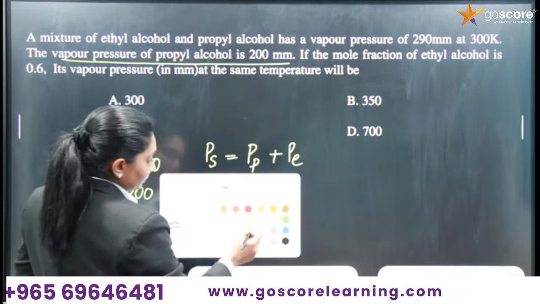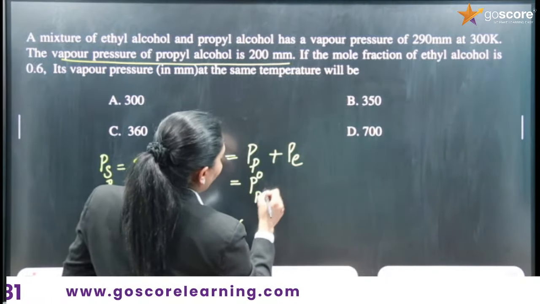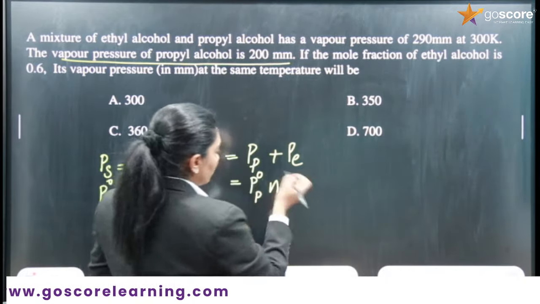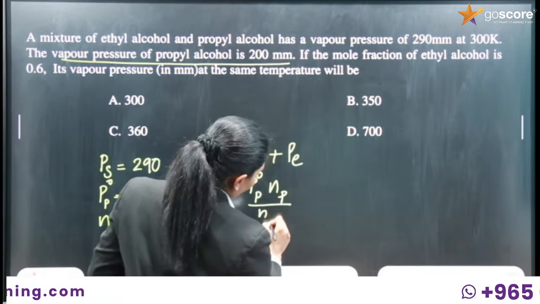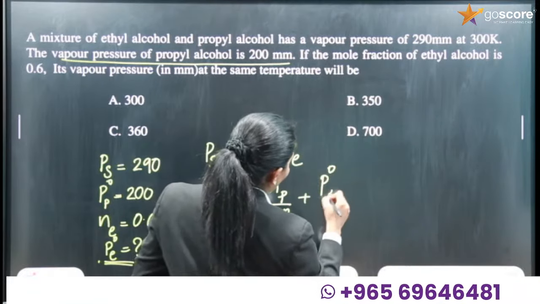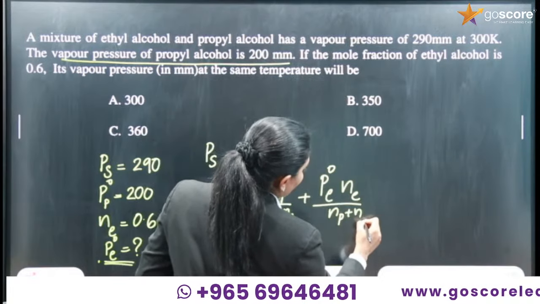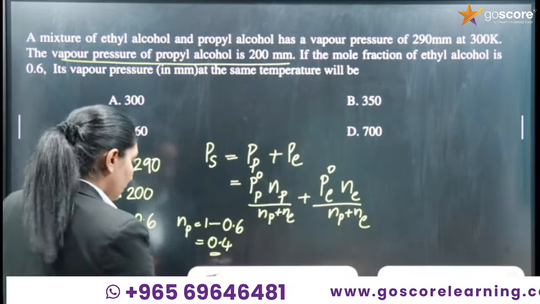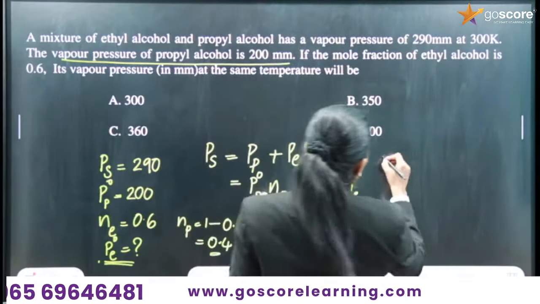So here we will get Pp is equal to P naught P into number of moles of P divided by Np plus Ne, plus P naught E into number of moles of E divided by Np plus Ne, right? So what can we write here? The PS value is provided in the question.